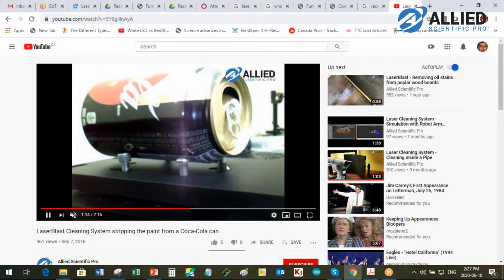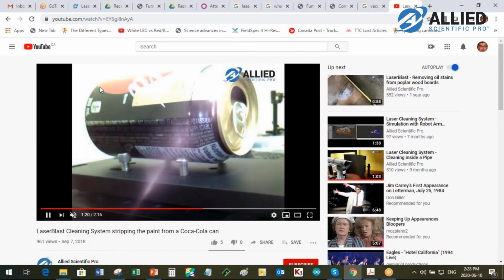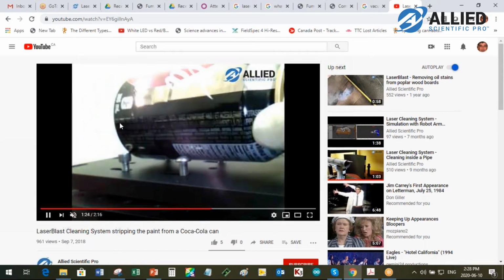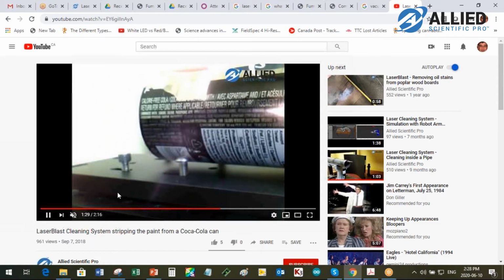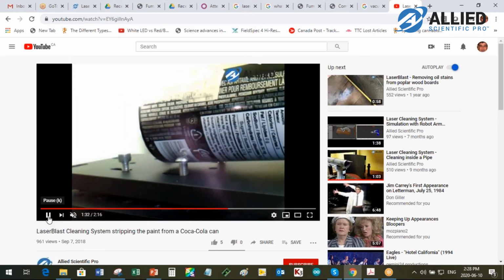If you tune the laser to remove the black paint, it would not remove the red paint, but you cannot tune it so that it could remove the red paint and not the black paint. So that shows the selectivity of the laser cleaner.